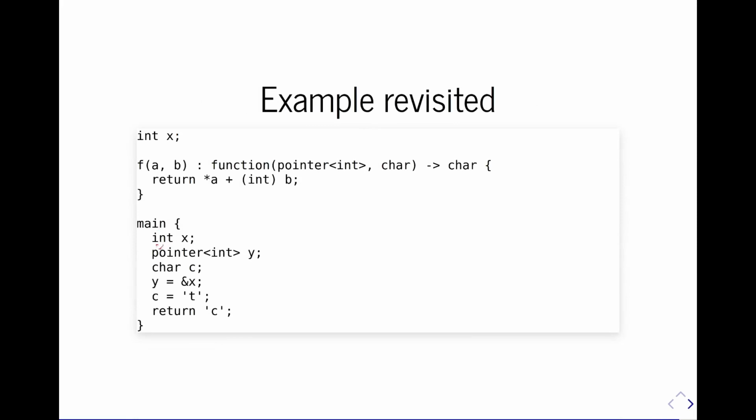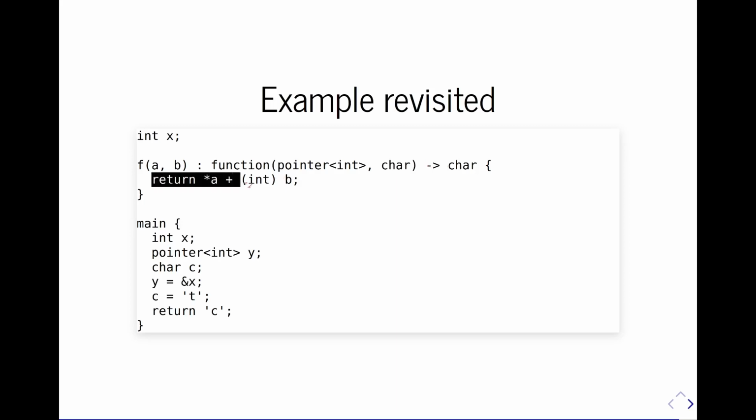Okay, so here's the example we saw before. Let's go through the meaning of this in SimpleC. We're declaring a single global variable x. We're declaring a single function f that takes two parameters called a and b. They have this type. The first one's a pointer to an int. The second one is a character, and it returns a character.